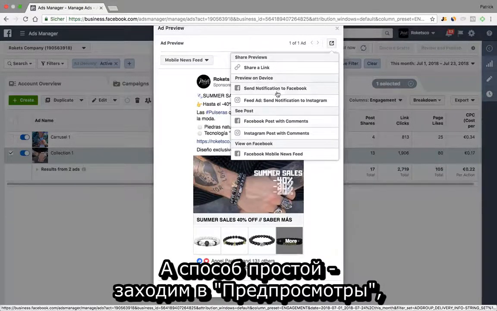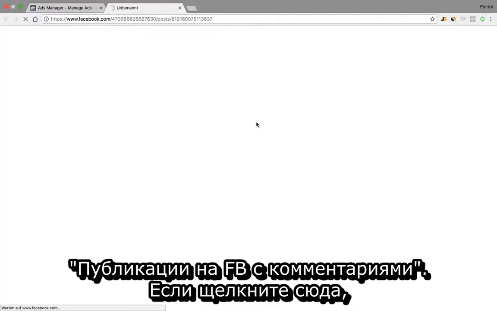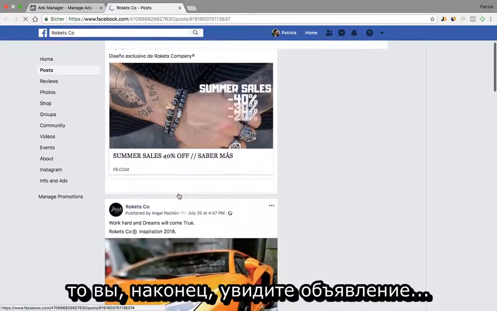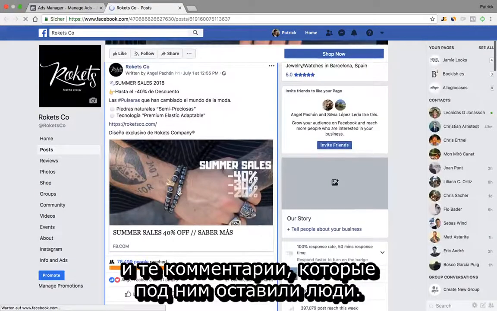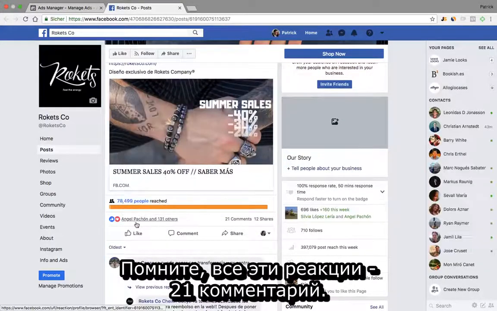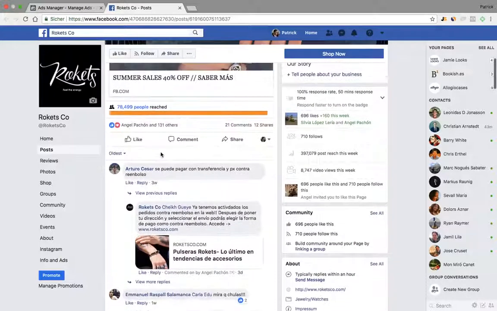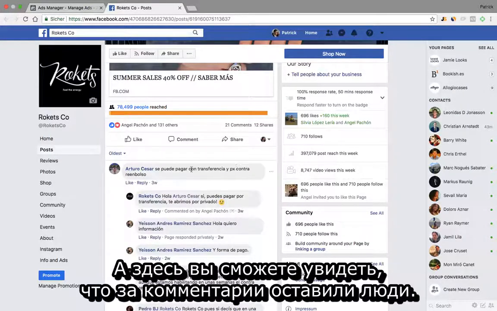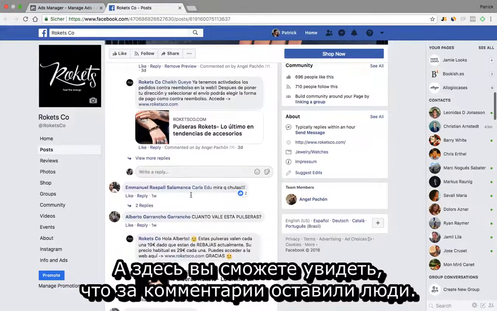If you go on previews, Facebook post with comments, and if you click Facebook post with comments, then you can actually see the ad and the different comments that people left below. Okay, so remember all of those reactions, 21 comments, and here you can see what kind of comments people actually leave below.